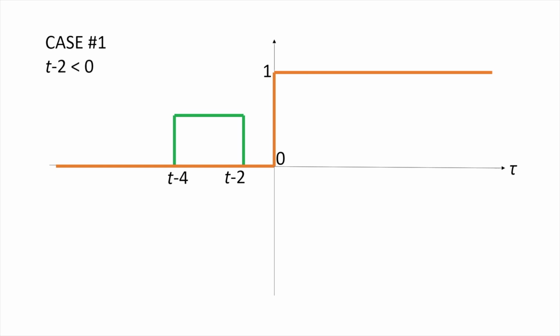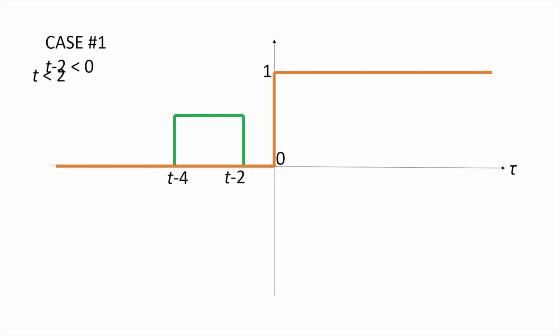Note that we want to do integration of tau from minus infinity to infinity. So we have to do this segment by segment or case by case. The number of cases actually depends on the shape of the two signals involved in convolution.